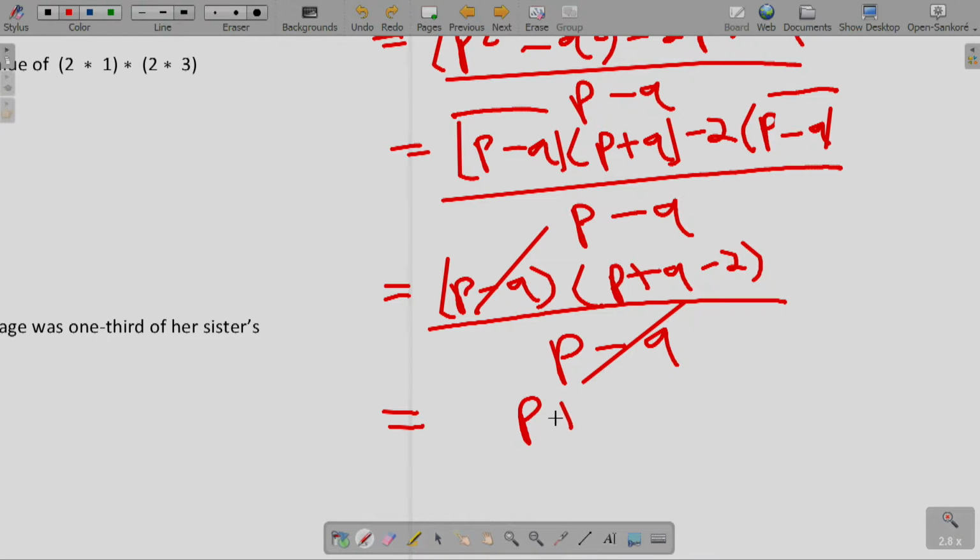So the remain is P plus Q minus 2. And this is our answer.